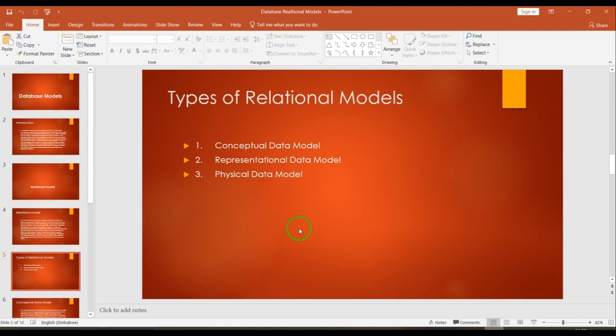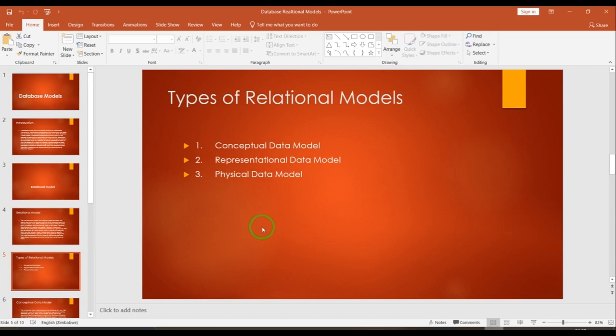Then we have three types of relational models. There are three types of relational models. I want to hear those models from you. Is there anyone with an idea of the types of relational models?